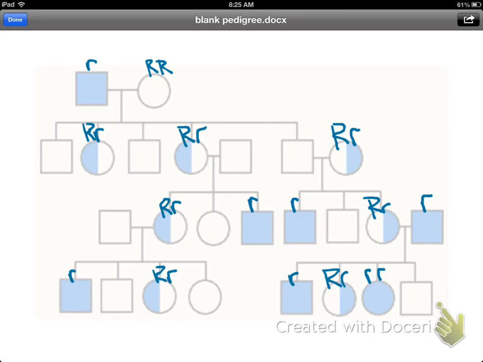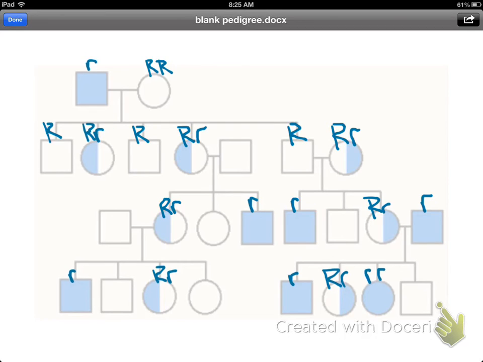So that means mom must carry 2 dominant alleles. And then the females are carriers because they got 1 recessive from the dad, and then they get a dominant one from the mom. So we're going to say that all the males only have 1 capital R because they got it from mom.